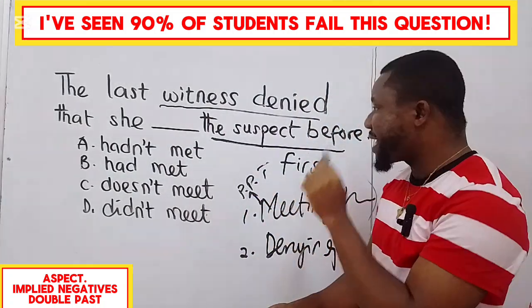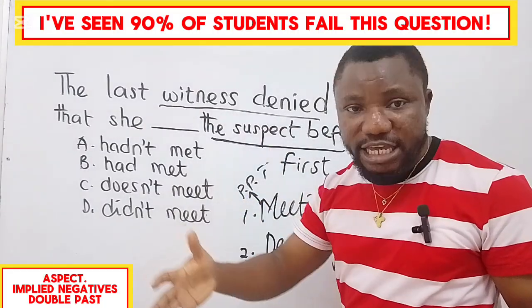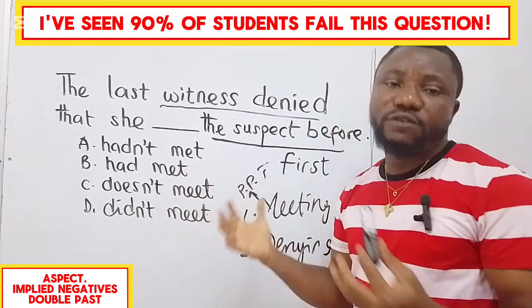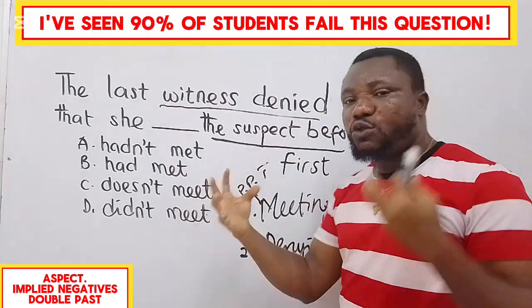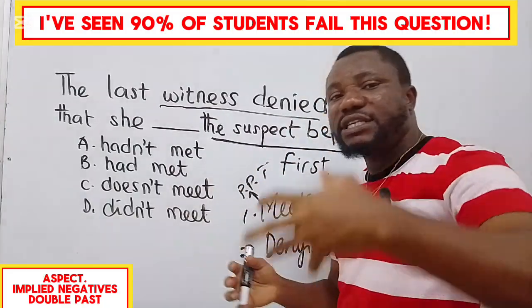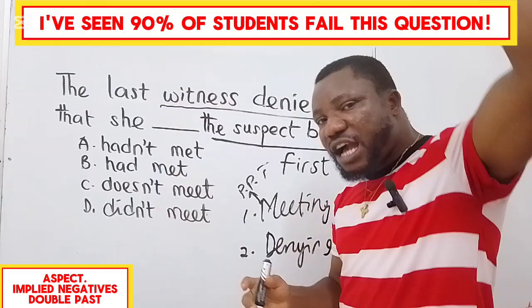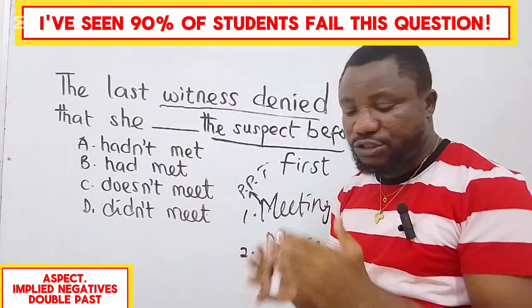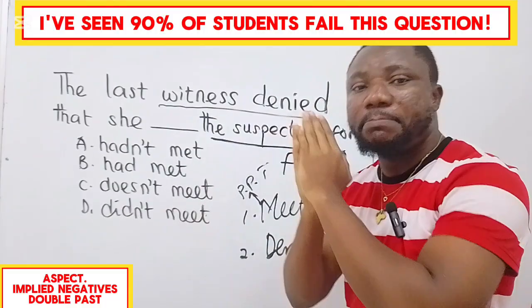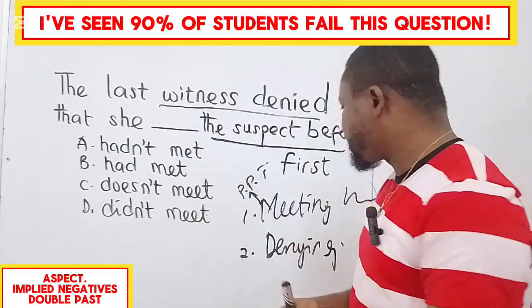You must have the verb HAD before the V3 form of the verb, the past participle.